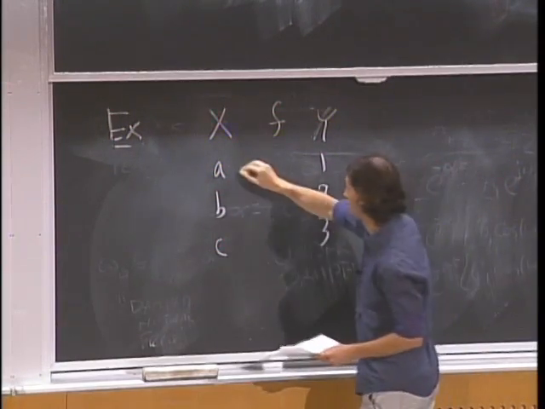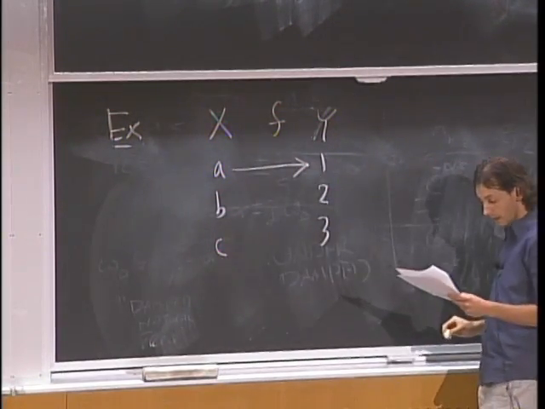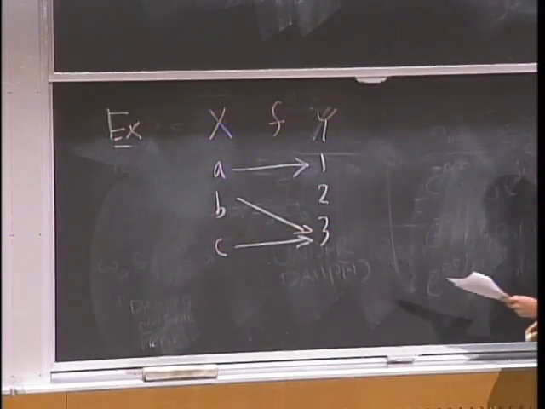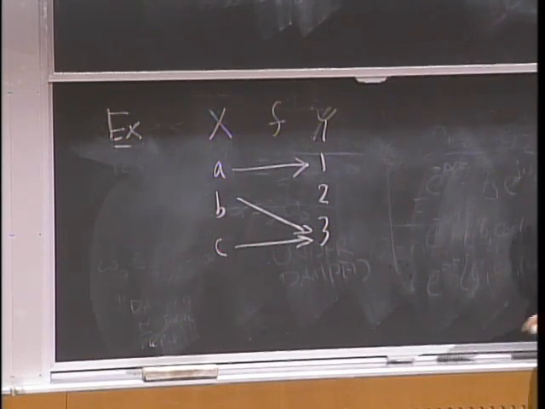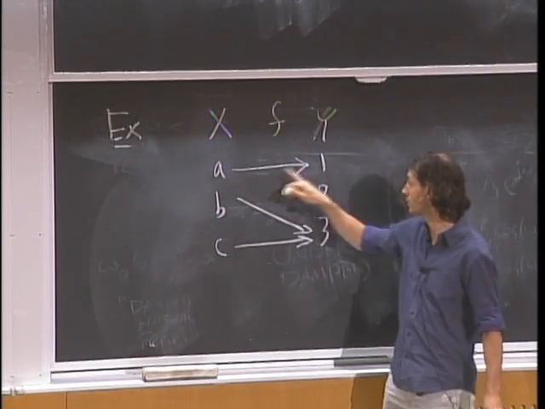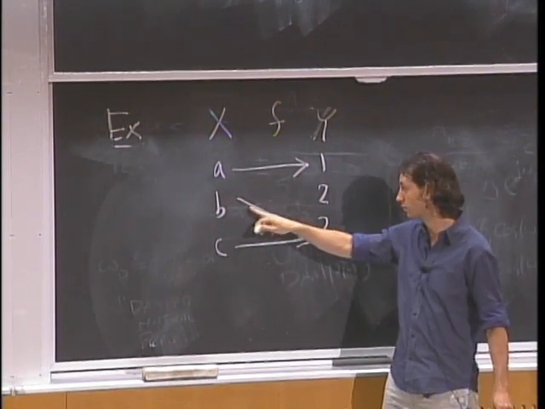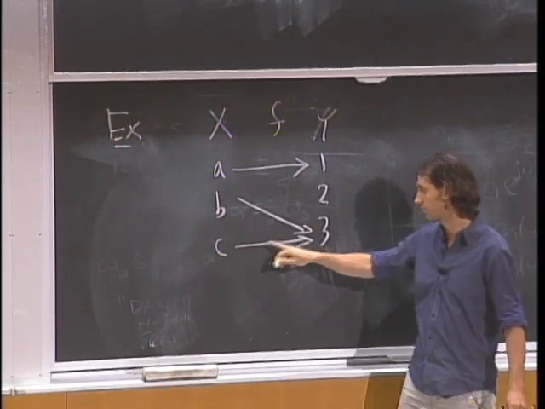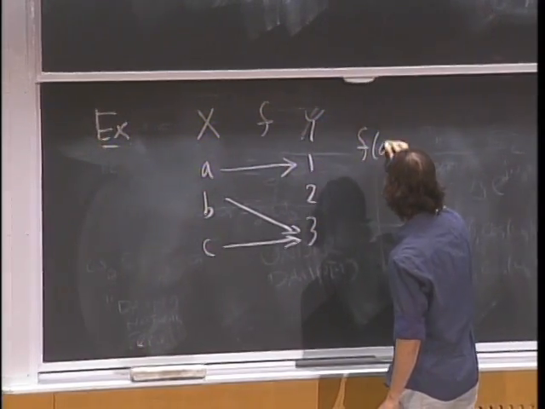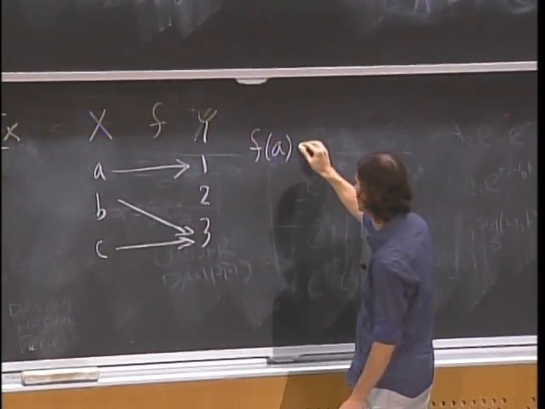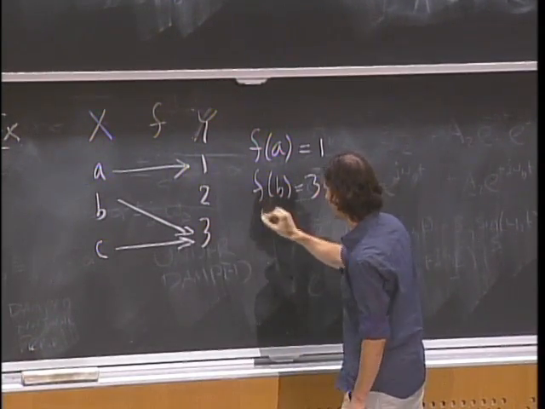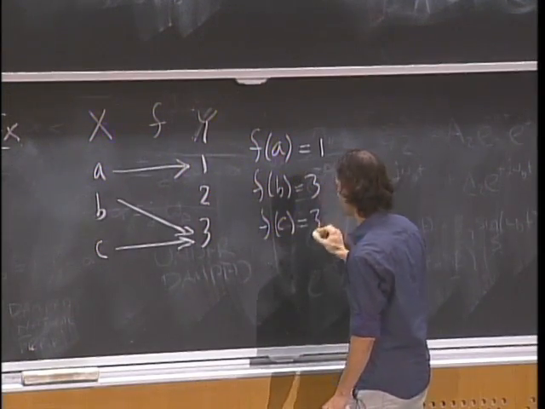Well, I could map, for example, a to 1, b to 3, and c to 3. Now, this is a function because every element of x is mapped to exactly one element of y. A is just mapped to 1. B is also mapped to an element, only 3. C is mapped to 3 as well. And we usually write this as f of a is equal to 1, f of b is equal to 3, and f of c is equal to 3 as well.